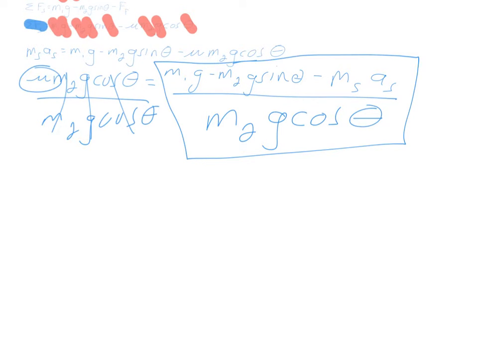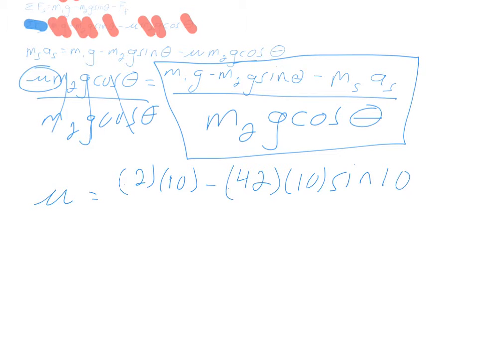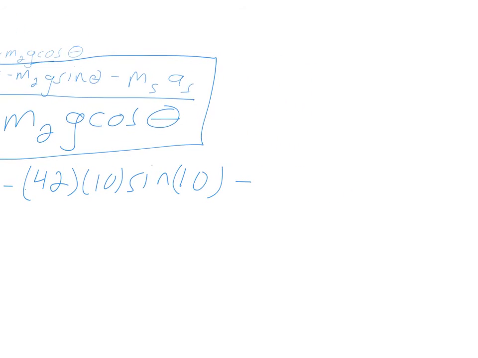Plugging in our numbers, we get mu equals 0.2 times 10 minus 0.42 times 10 times the sine of 10 degrees minus the system mass, which was 0.62, times the acceleration of the system, 0.295.